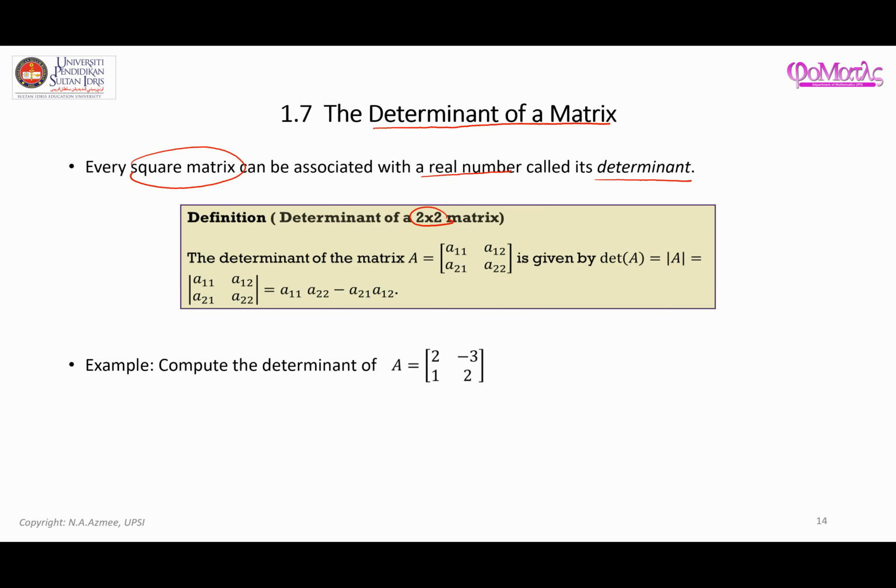As I said just now, a 2 by 2 matrix is the simplest form of a square matrix, and therefore finding its determinant is really quite simple.